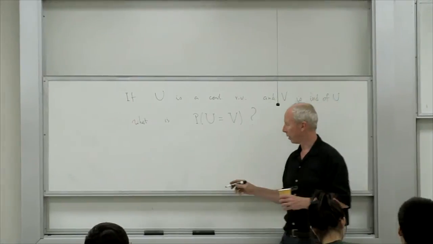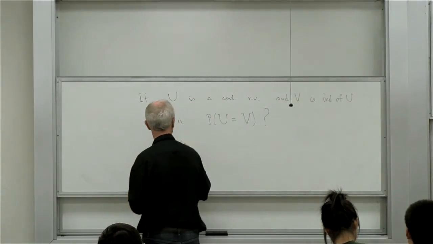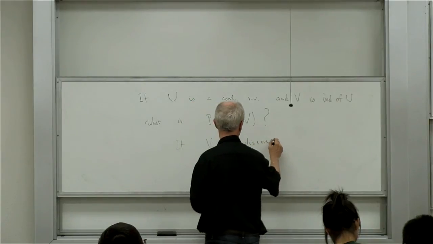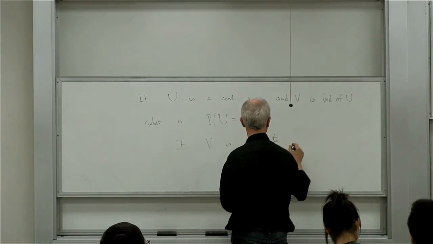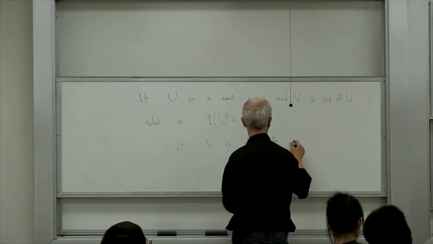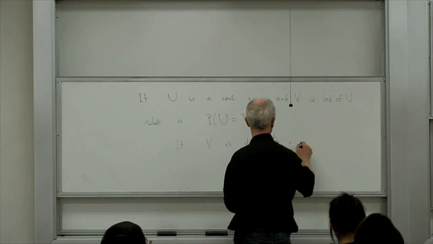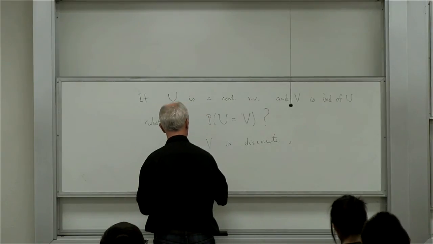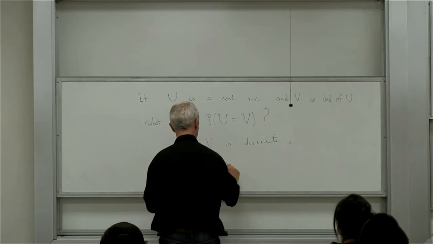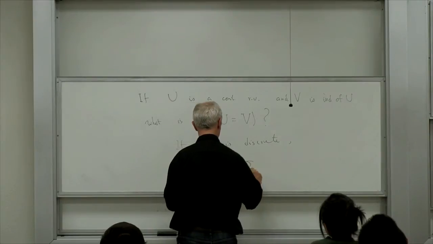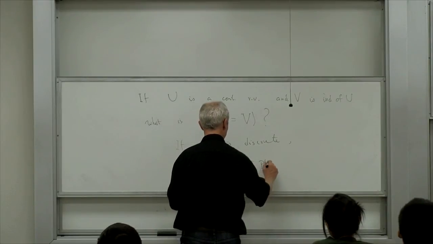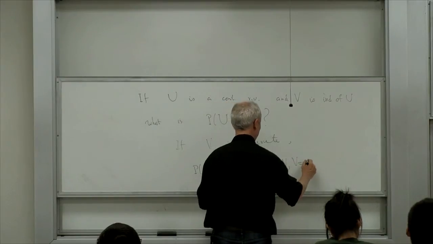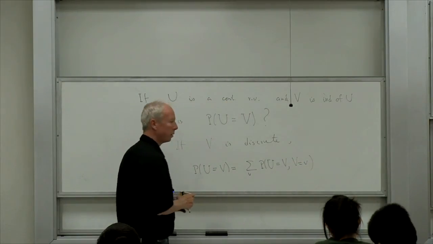This would be 0 because if V is discrete, what's the joint density of these two guys? Well, let me say I can write this this way, right?